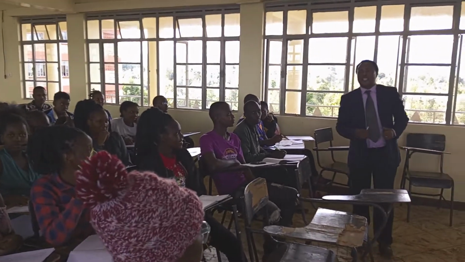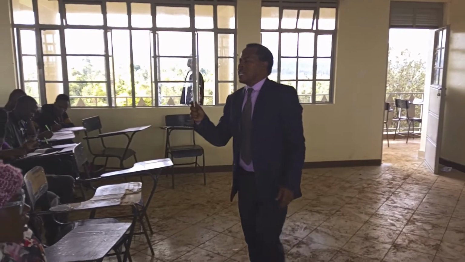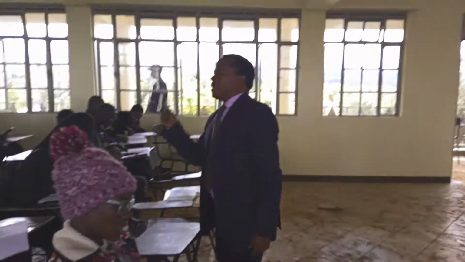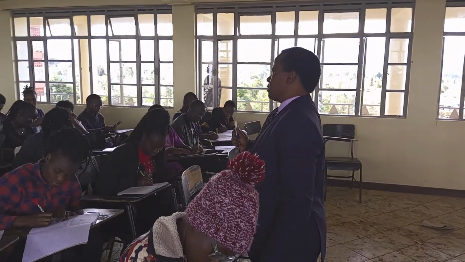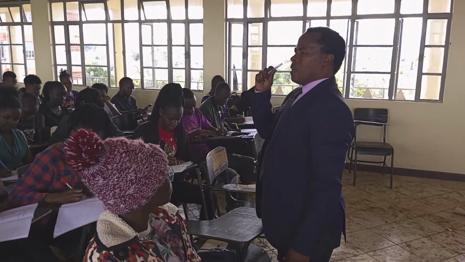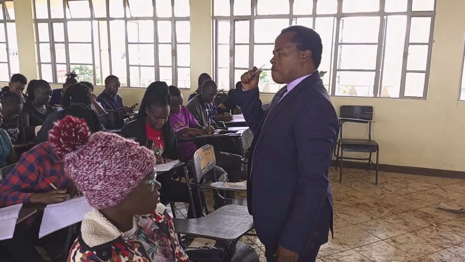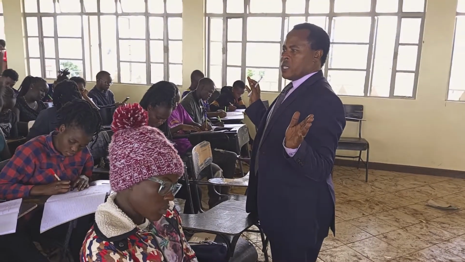And we can take a definition for information literacy. Information literacy refers to the ability to do the following. Number one, identify one's information need. You need to know what information you need.